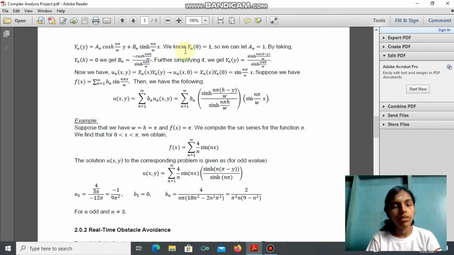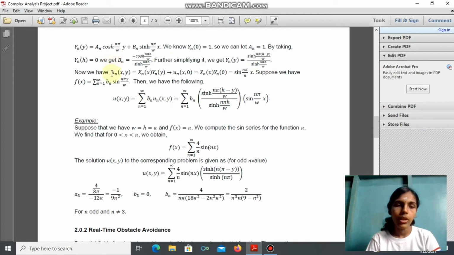We know from the boundary condition also that Y_n(0) is equal to 1. So we can let a_n be 1, and by taking Y_n(h) equal to 0 from the boundary condition, we get b_n as negative cos(n pi h over w) divided by sin(n pi h over w). Some simplification will give us Y_n(y) equal to sin(n pi (h minus y) divided by w) divided by sin(n pi h over w).